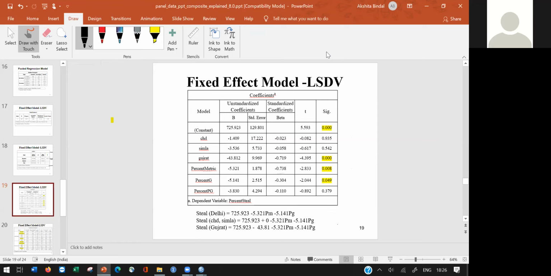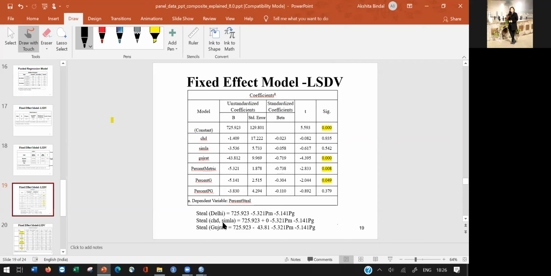Sure, I'll share a Word document with you for the same. Okay, ma'am. I'll capture all the screenshots, and the step by step LSDV model and the univariate model would be there. Thank you, ma'am. Please wait for a while, let the session end. After the session is over, we'll send it to you in the group. Bindal ma'am, please continue.